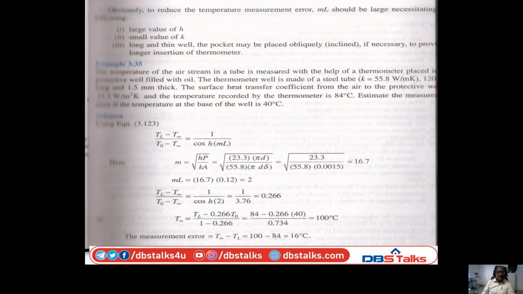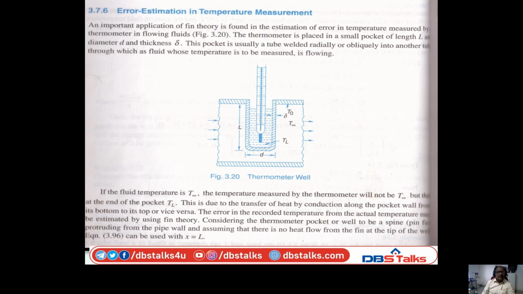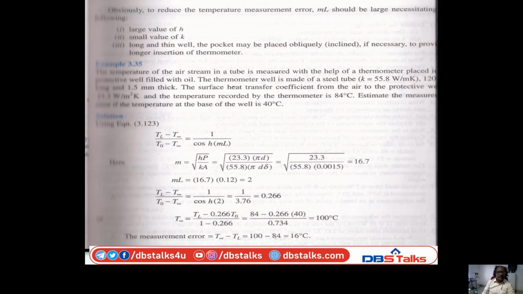For the error estimation, in this slide a small equation is missed. The temperature distribution is (TL minus T infinity) by (T0 minus T infinity) equal to 1 by cosh(mL). This is the temperature distribution for the insulated fin, where TL minus T infinity is considered as the error in temperature measurement.